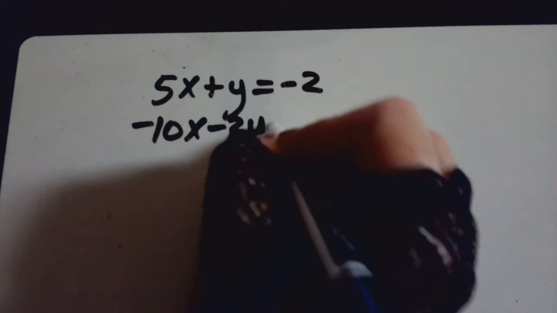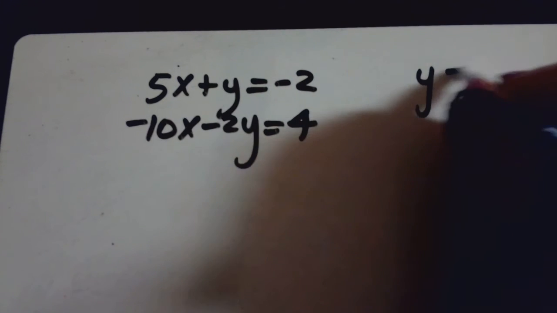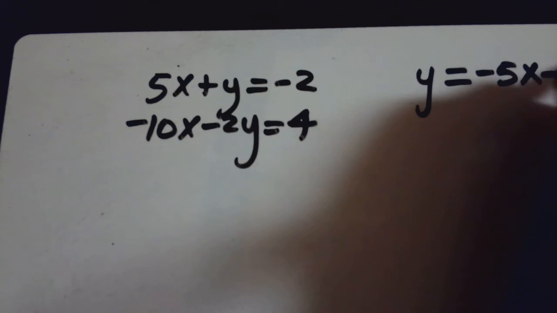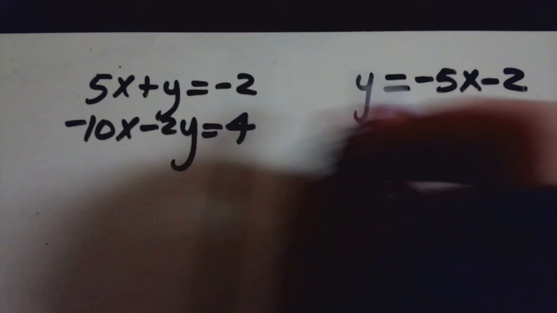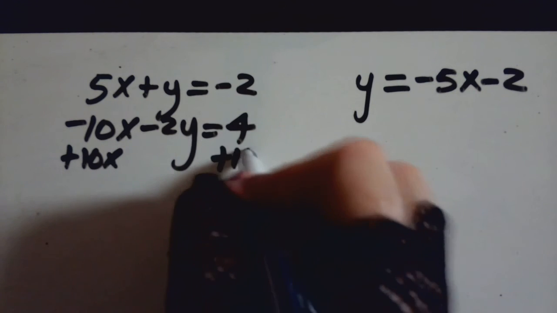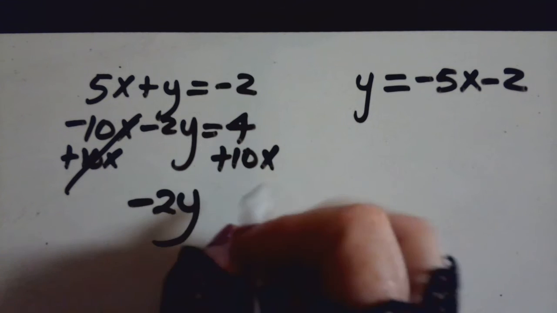Remember, we have to get it in slope-intercept form. Alright, so I'm going to solve the first one. y equals 5x is going to be negative 5x minus 2. Then this one, I'm going to add 10x and add 10x. So I get negative 2y. Remember, this cancels.